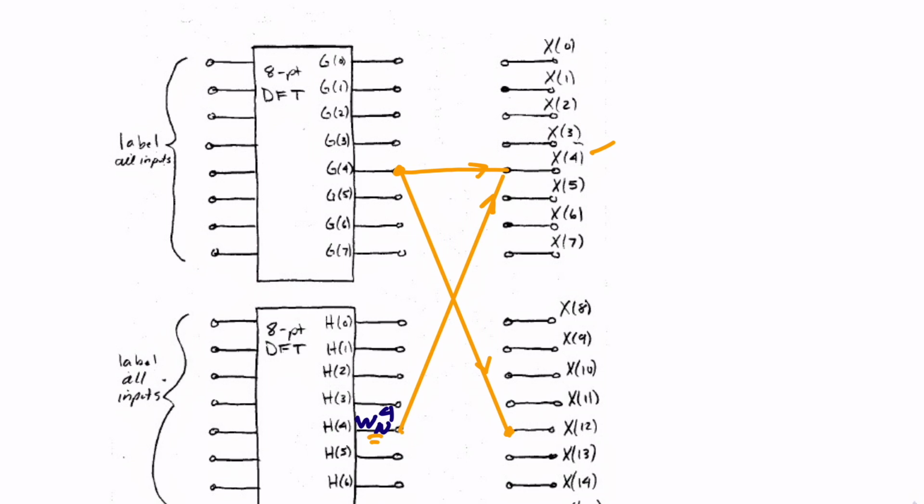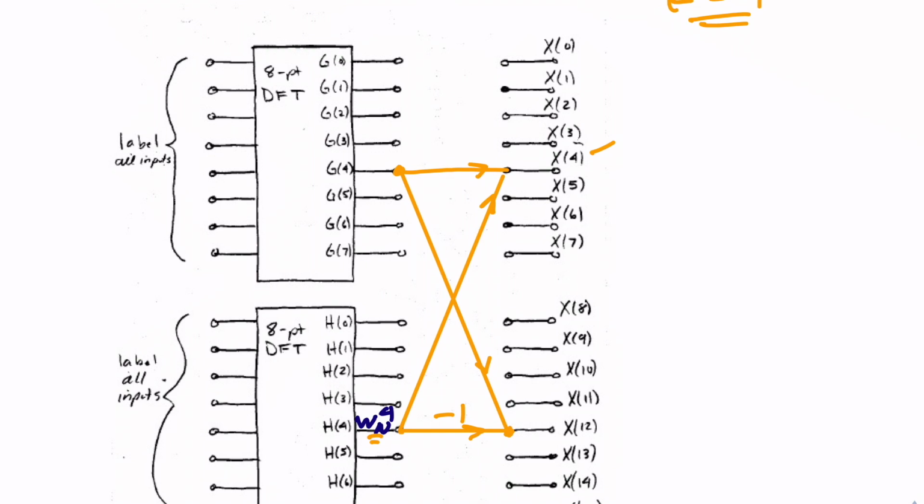So all I need to do now is go from h of 4 and multiply by minus 1, which really indicates that at this stage I'm simply subtracting. So there you go. That's the k equal 4 butterfly. That's all I would expect on the exam for that particular butterfly.